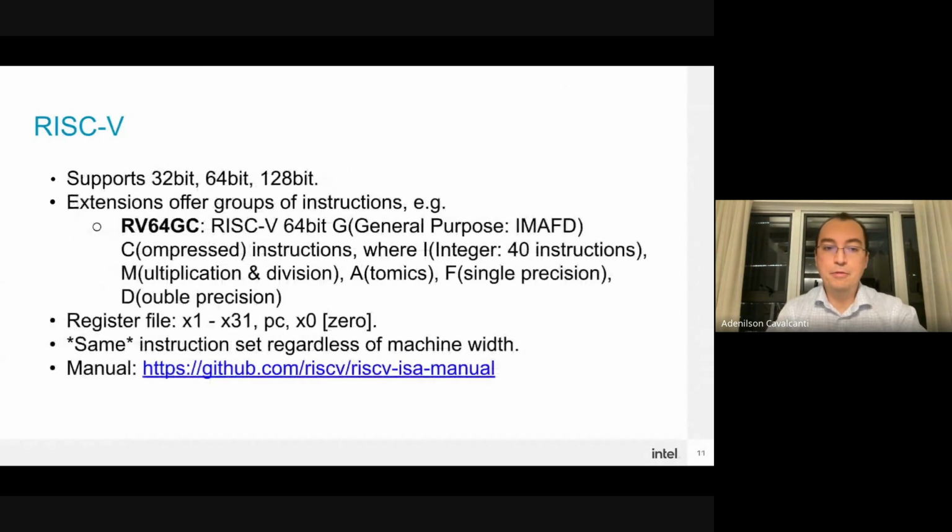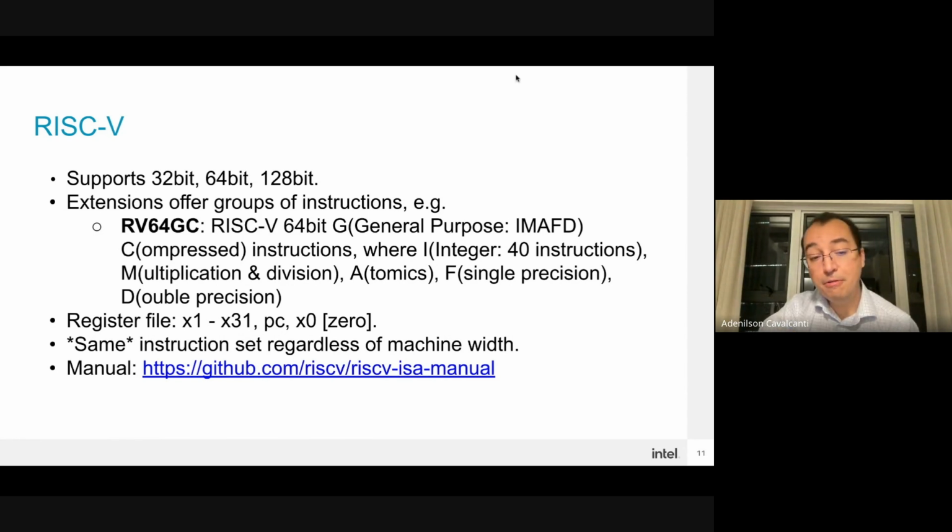So RISC V supports 32-bit, 64-bit, and 128-bit, and offers instructions in groups of extensions. So as an example, RV64GC stands for RISC V 64-bit, G, which is general purpose, which includes integer instructions, multiplication, division, atomics, floats, single precision, and double precision.